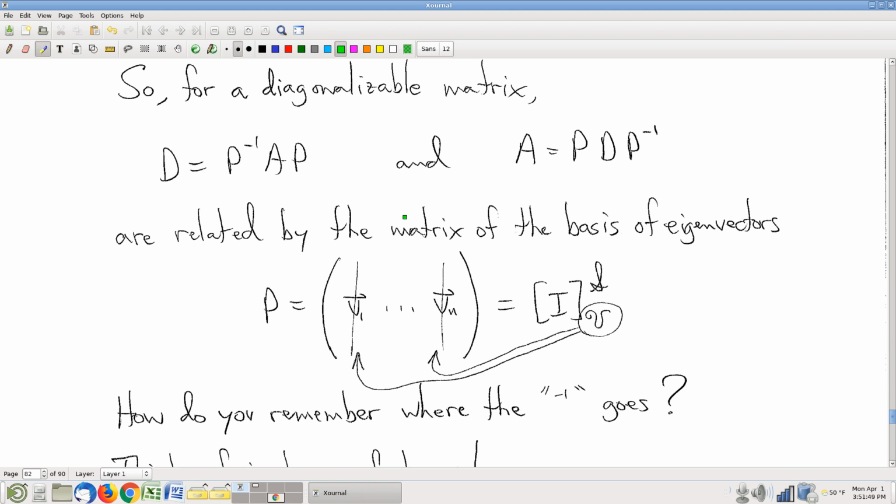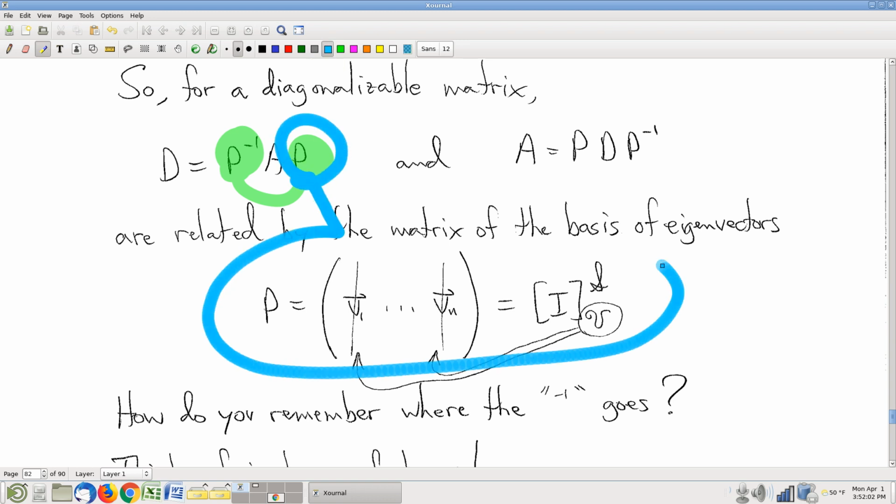Don't forget that the purpose of a conjugation, or a point of view on a conjugation, is that this is how you do change of basis for linear transformations. So that matrix is a change of basis matrix. Literally, straight out of section 5.3, that is a change of basis matrix.